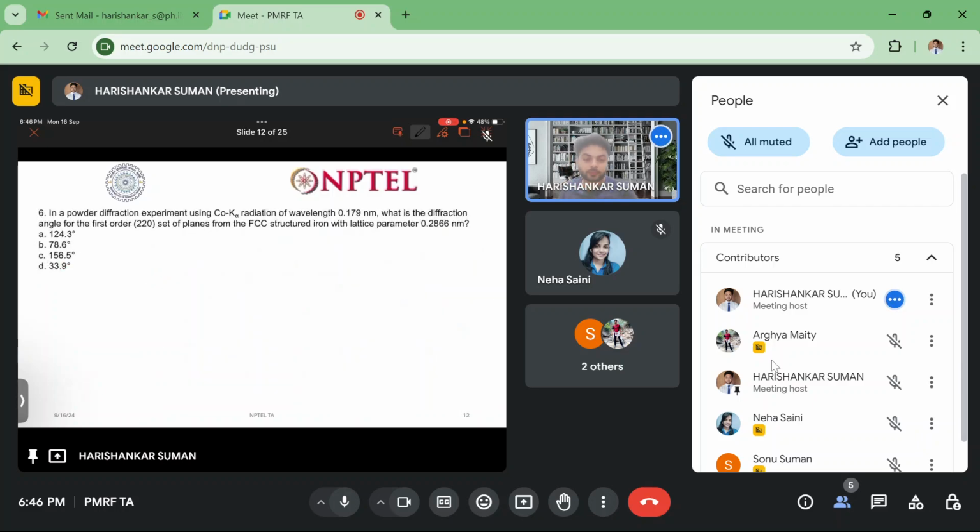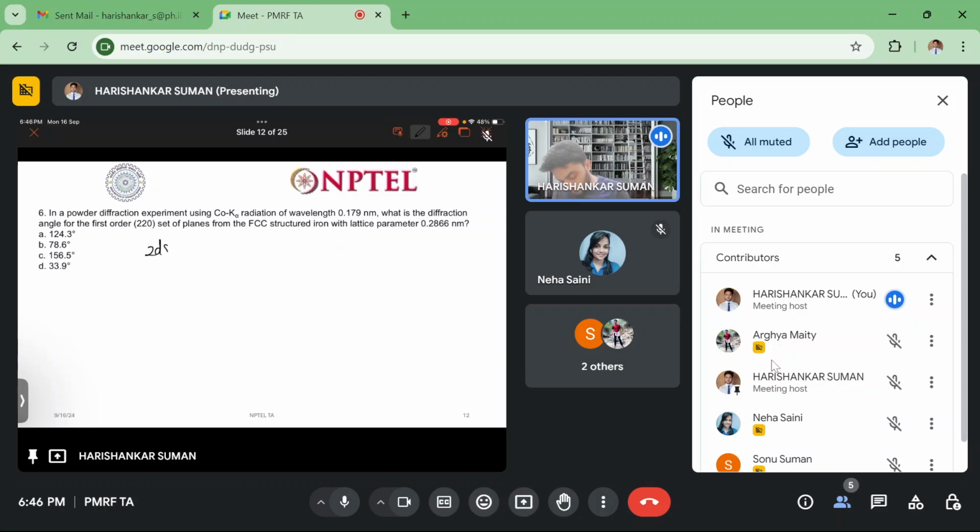Next, in a powder diffraction experiment, copper K alpha radiation of wavelength 0.179 nanometer. What is the diffraction angle for the first order 220 set of planes from the FCC crystal iron with lattice parameter 2.866 nanometer?